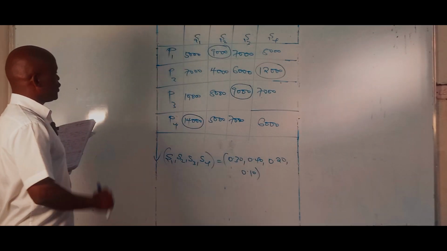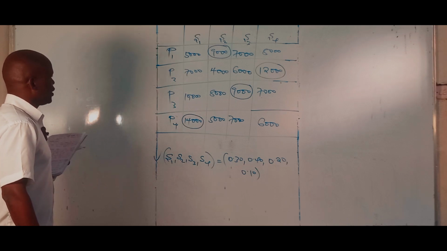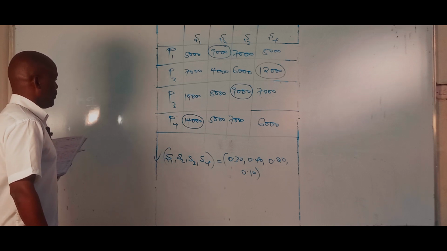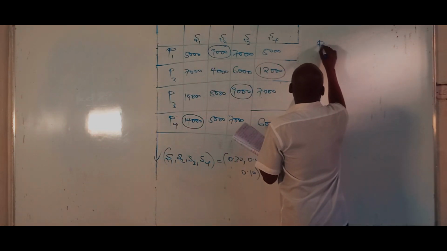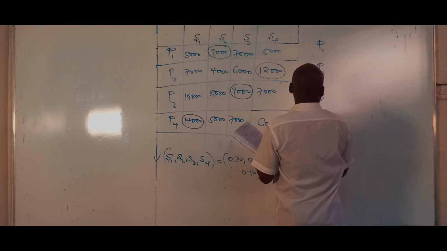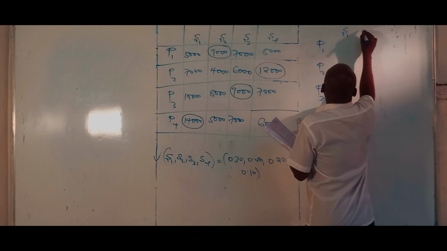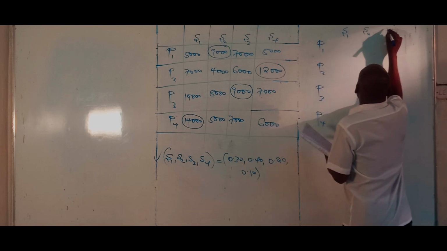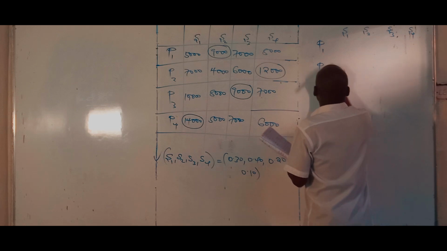So effectively we need to get the new entries upon taking care of the maximum payoffs. I'll be having here again P1, P2, P3, P4, and S1, S2, S3, S4.